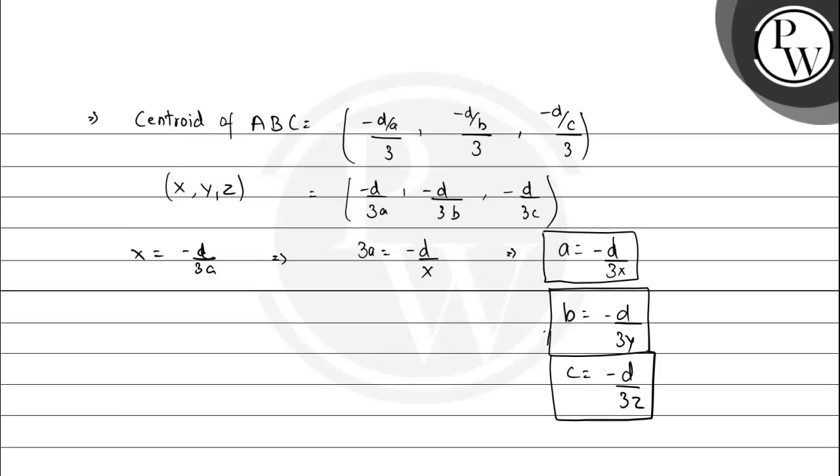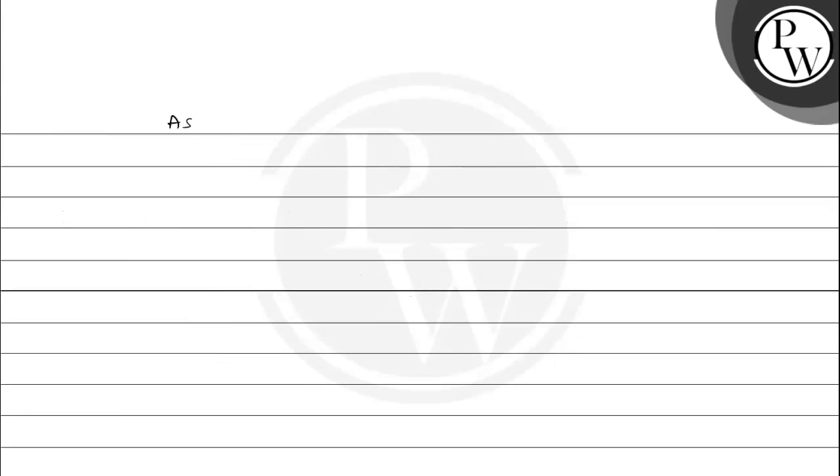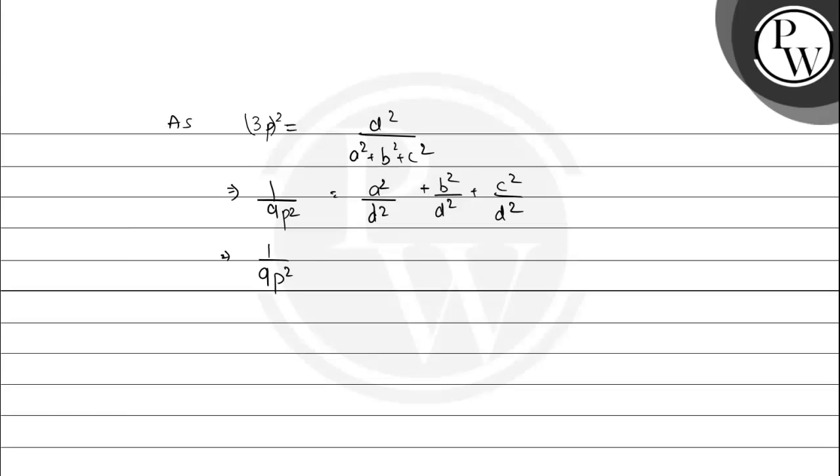Now we had an equation, which was 3p whole square is equal to d square upon a square plus b square plus c square. From here we can write 1 upon 9p square is equal to a square upon d square plus b square upon d square plus c square upon d square, which means 1 upon 9p square is equal to 1 upon d square times a square plus b square plus c square.